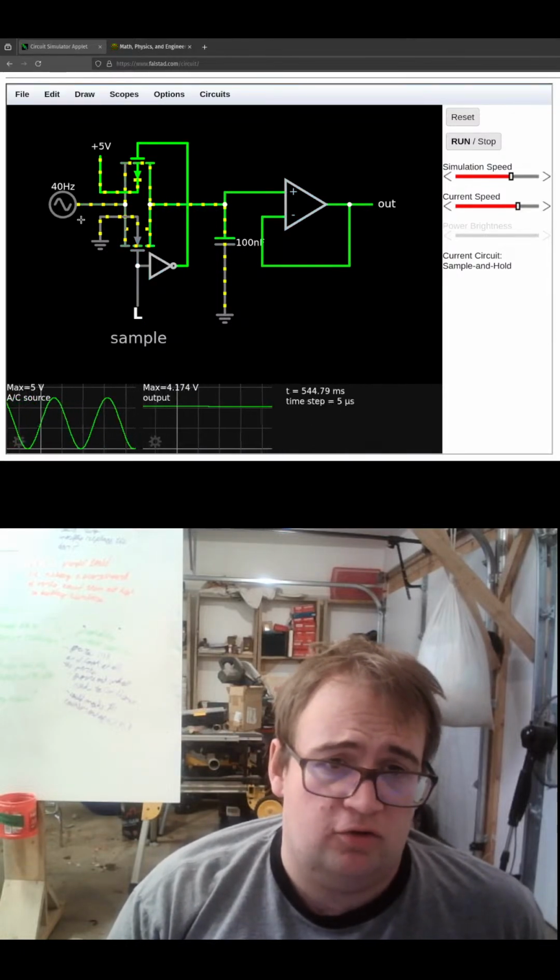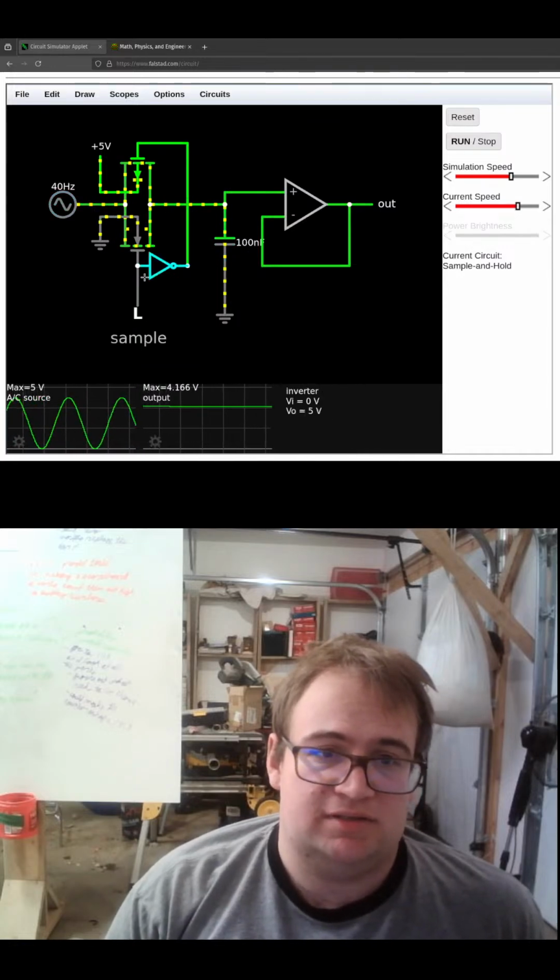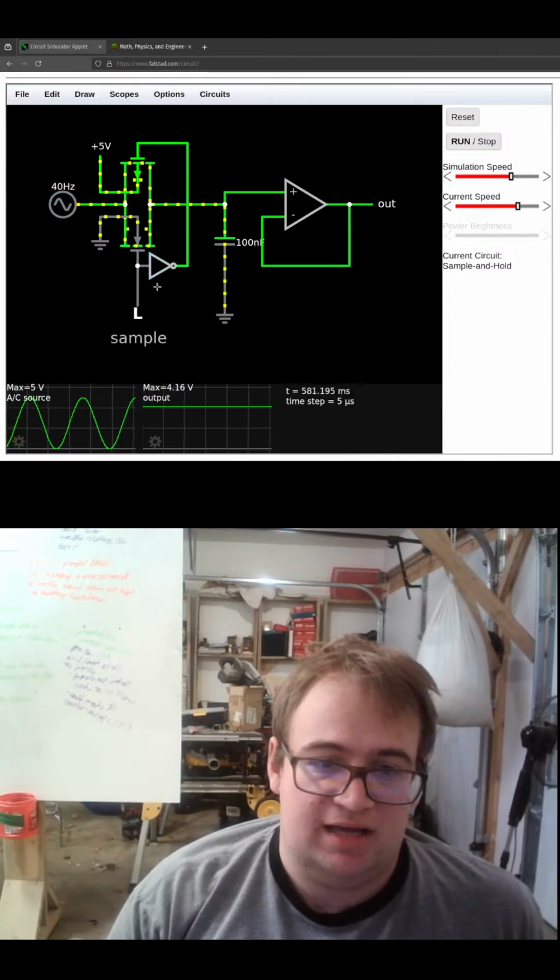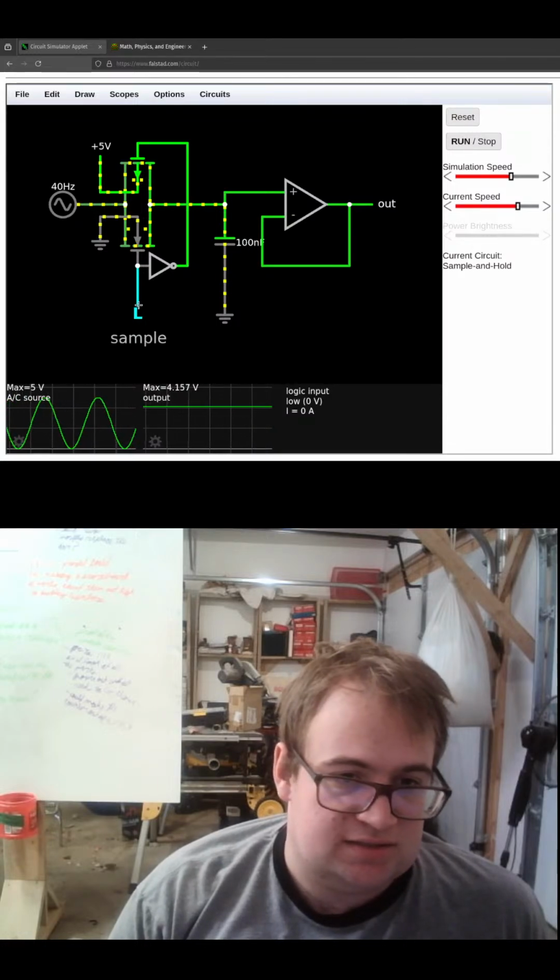But it's going to hold, because once this capacitor charges, it really has no way to discharge.